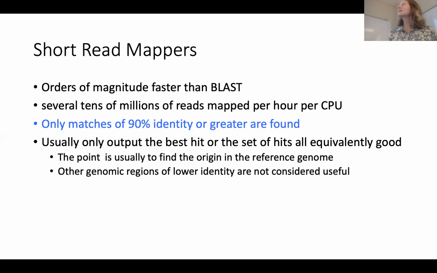The point of BLAST is often to find distant relationships between proteins or sequences. But the point of a short read mapper is usually to find the origin in the reference genome. We've sequenced a peach, we have a peach genome, we want to know where this read came from in the peach genome. It's an intrinsically different question, and thus other regions with lower percent identity are generally discarded.